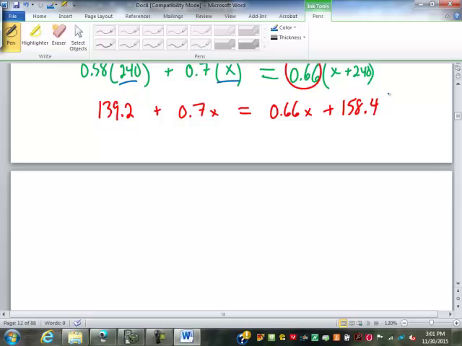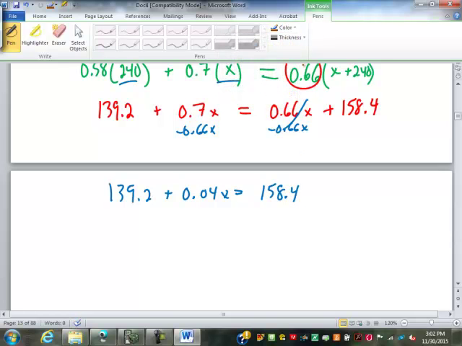Nothing serious. So now we have to solve this. We have an x on each side, so I've got to get rid of one of them. I'm going to get rid of the smaller one, the 0.66x. So now this is 139.2 plus 0.04x equals 158.4.